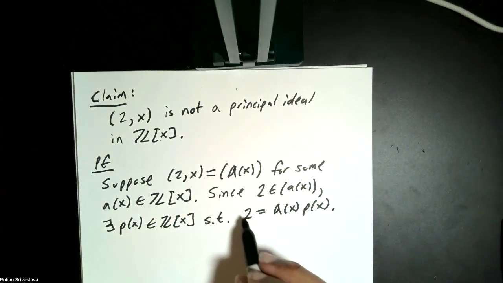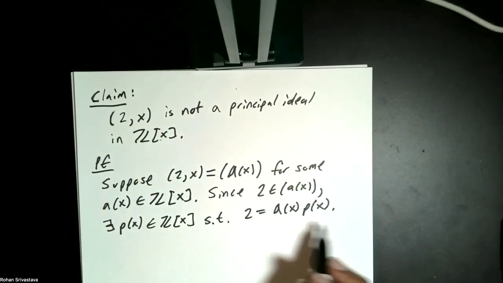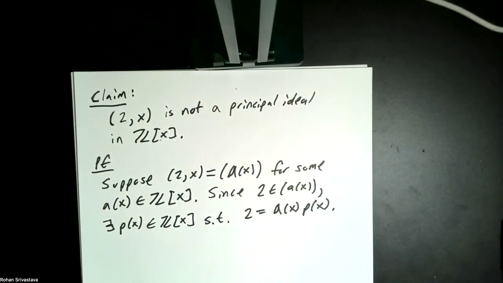So if 2, which is a constant polynomial, is the product of two polynomials, then since Z is an integral domain, the degree is additive.